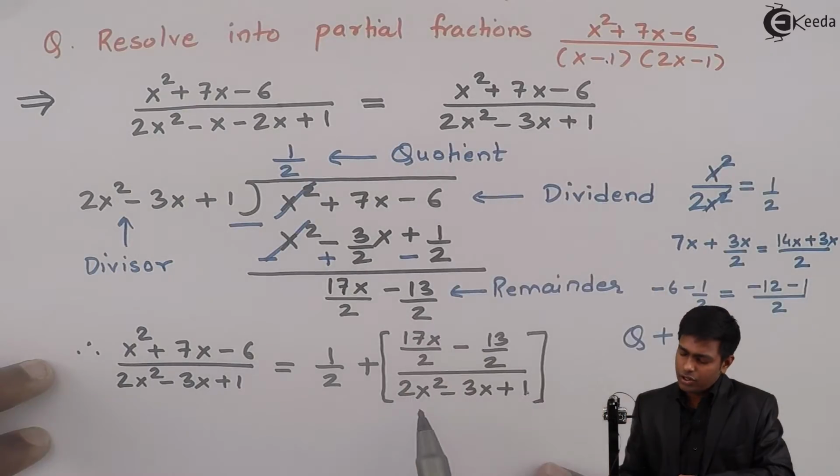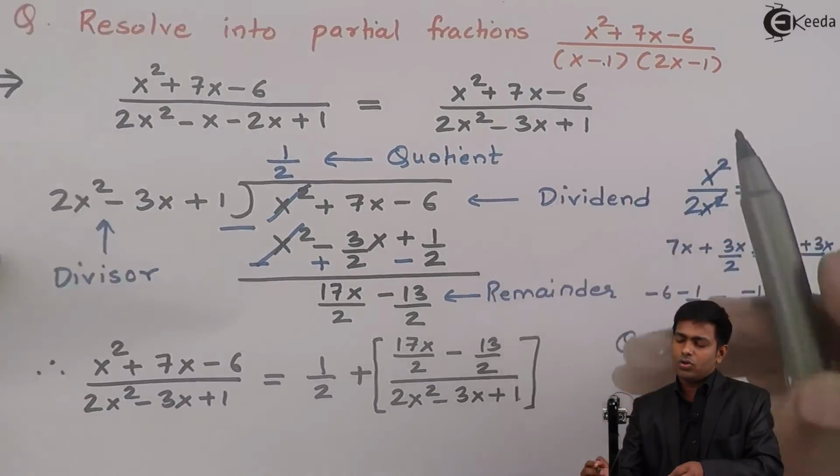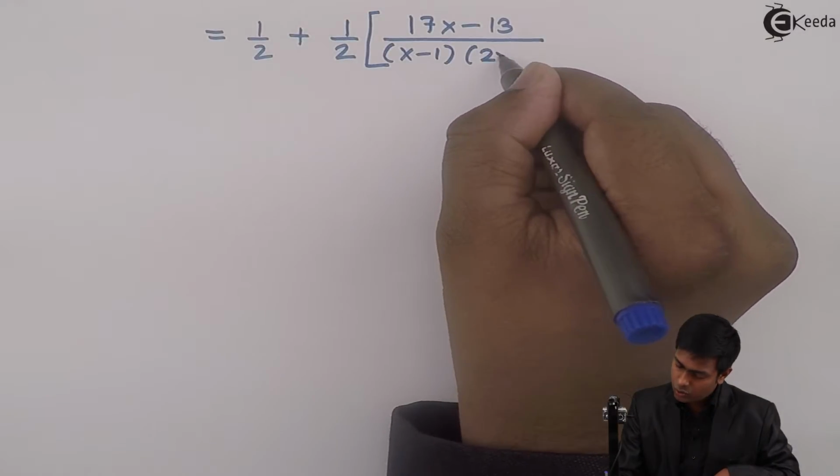So instead of 2x² − 3x + 1, I will write down these two brackets: x − 1 and 2x − 1.